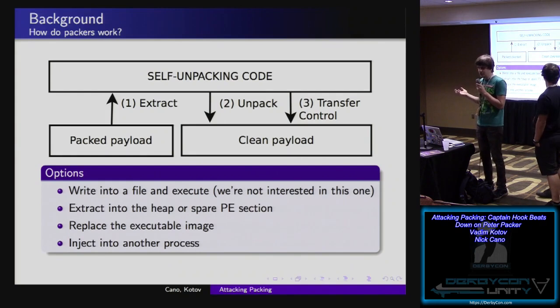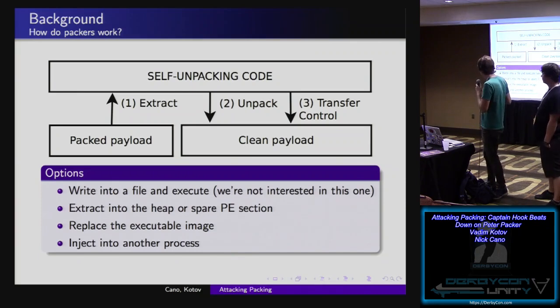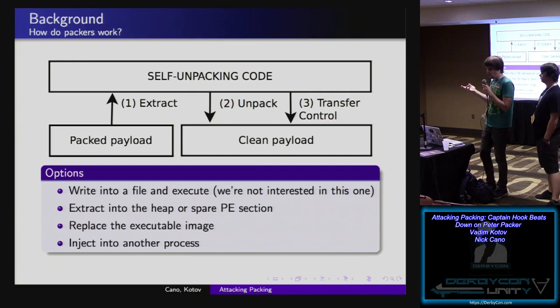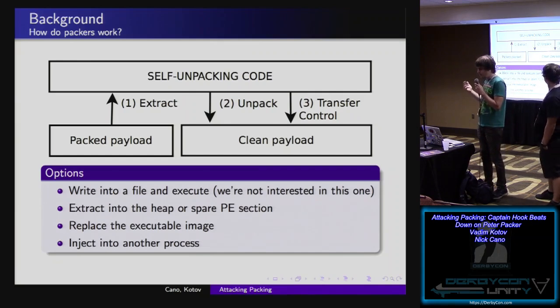It could be a resource section, it could be hidden somewhere in the PE header, or scattered across the binary. Then it does some unpacking or decryption or both, and then it transfers control to that code. And there are many ways to do that.